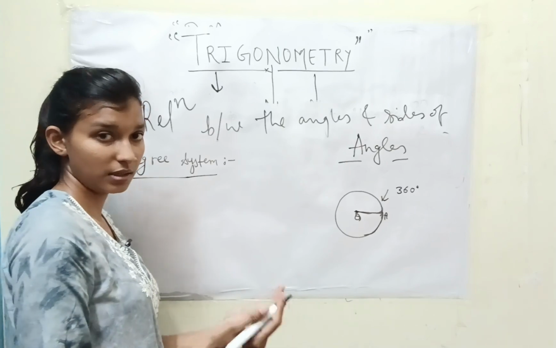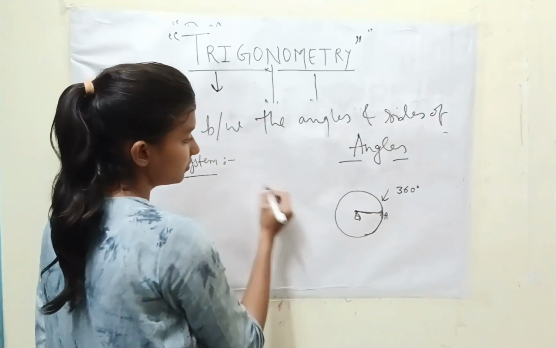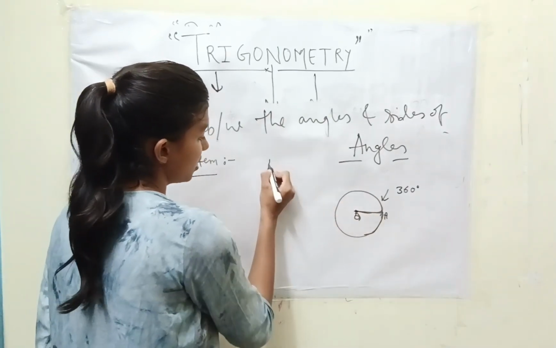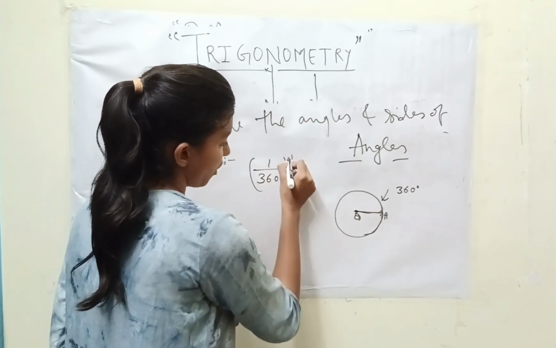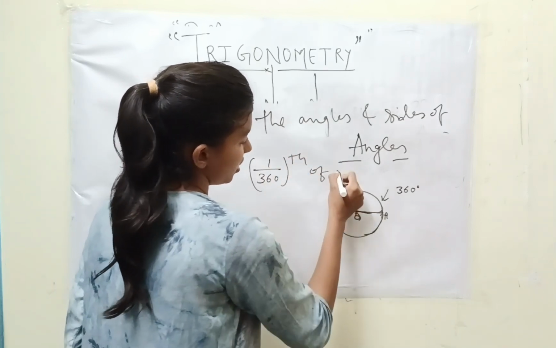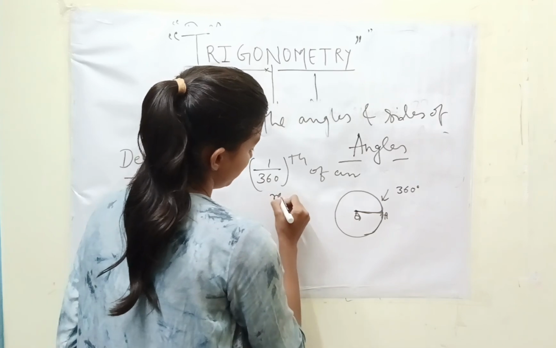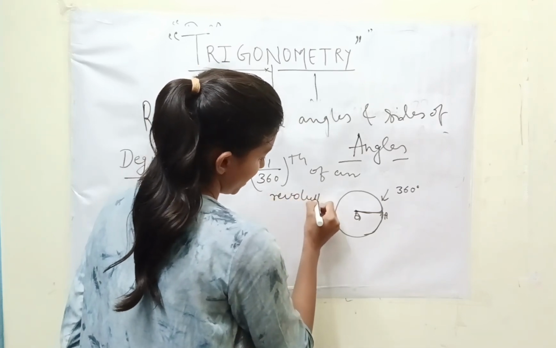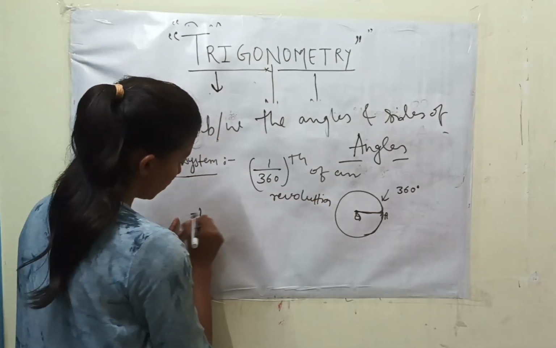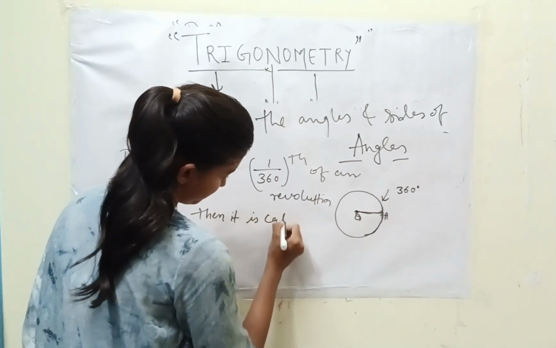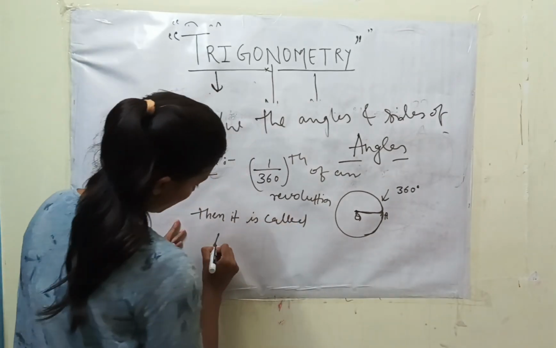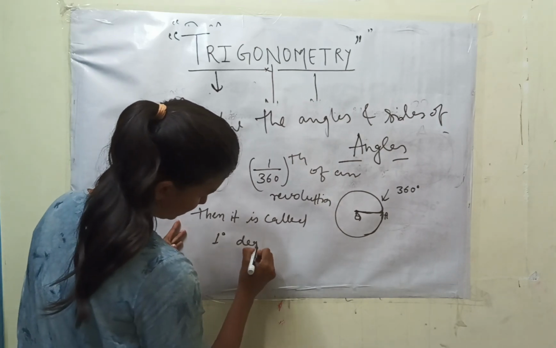If an angle has a measure of 1/360th of a revolution, then it is called one degree.